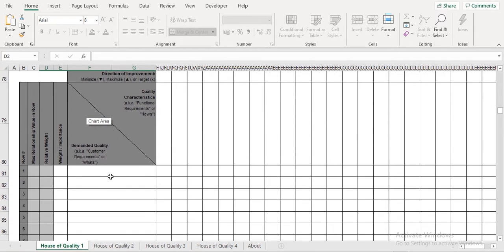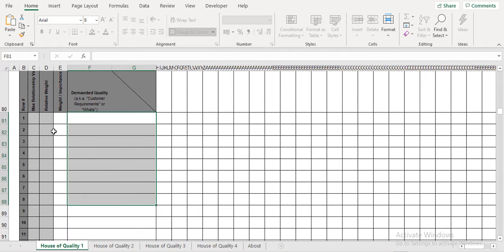Here we will be entering textual information, and we will be giving a weight value based on our selection. Maybe it can be from 1 to 5, or from 1 to 10.